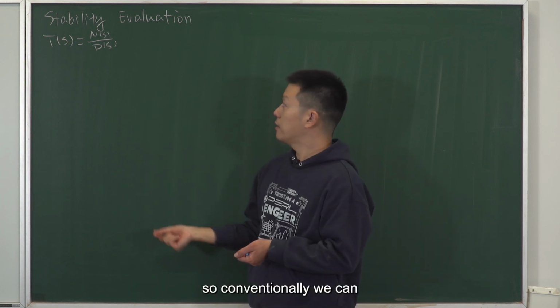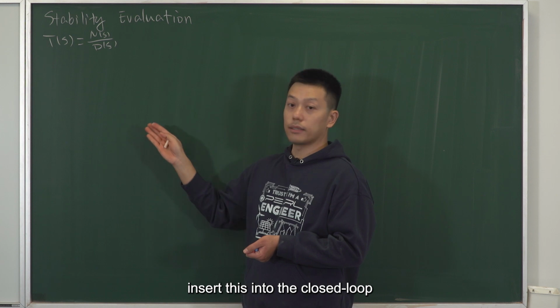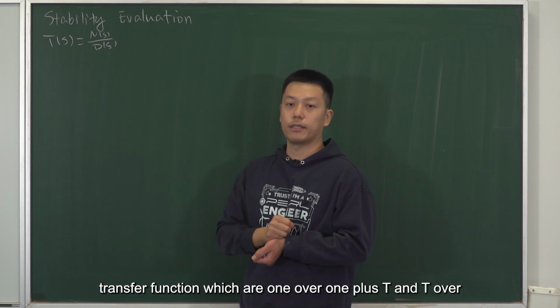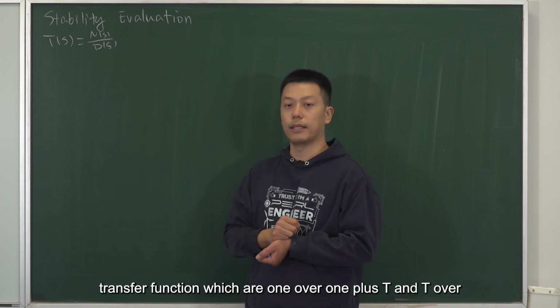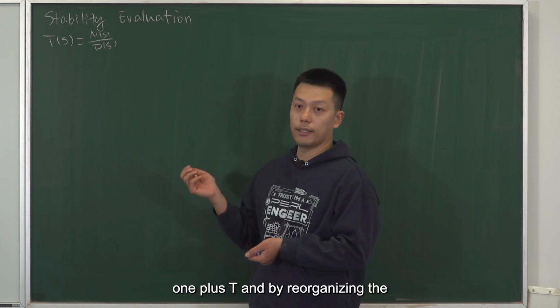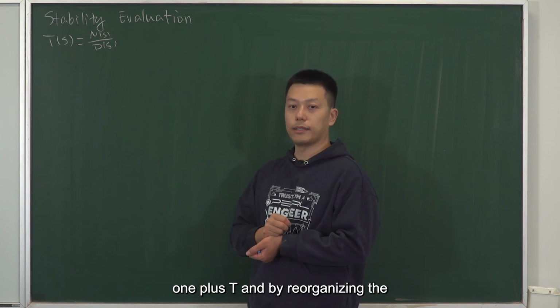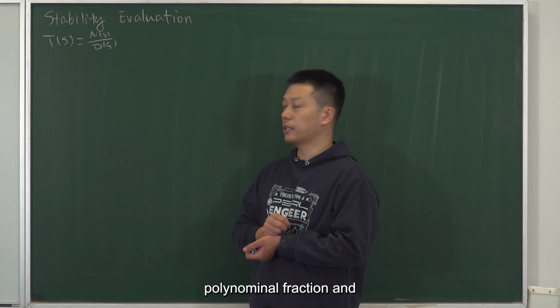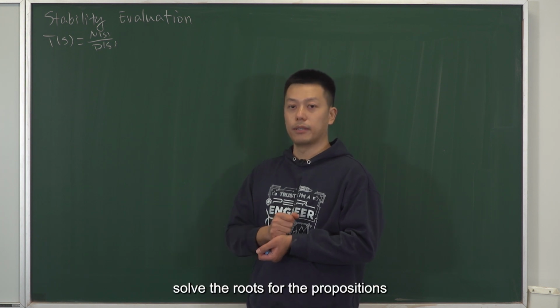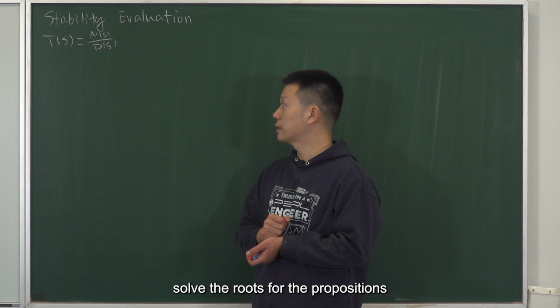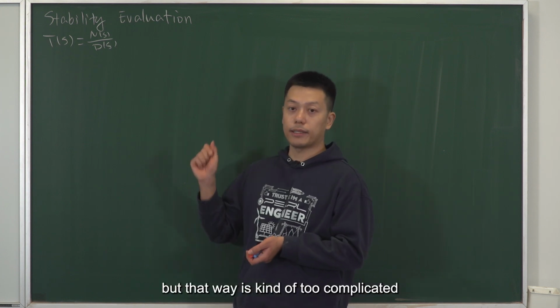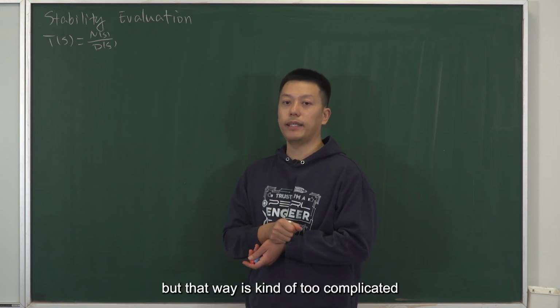So conventionally, we can insert this into the closed loop transfer functions, which are 1 over 1 plus T and T over 1 plus T, and by reorganizing the polynomial fraction and solving the roots for the pole positions. But that way is kind of too complicated.